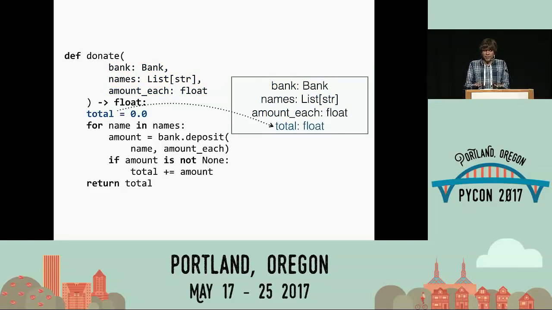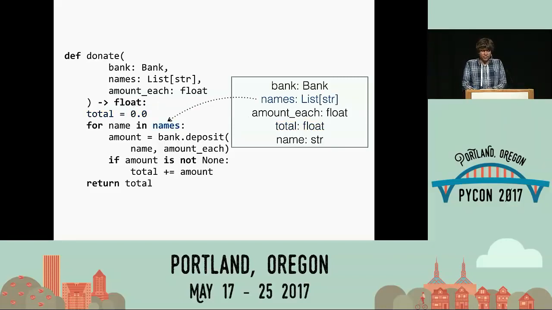A key thing to keep in mind is that MyPy considers the first assignment within a source file to a particular destination, like a variable, as the definition of the variable. So it is a first assignment to total. MyPy says, okay, you're defining a total local variable, and it looks at what you're assigning to it. Oh, it's a float. So MyPy adds total to the symbol table with a type float.